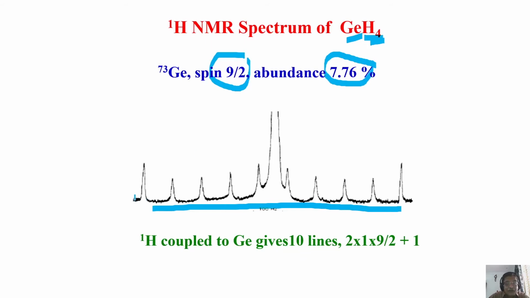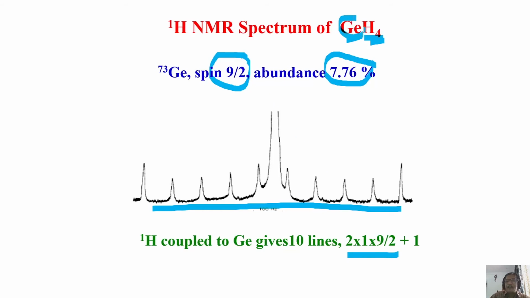But why so many peaks? Now we know germanium spin is 9/2. This is the quadrupolar spin. I wanted to show you how quadrupolar spin splits and gives the spectrum a complex look like this. This is 9/2 spin, and just put it in the 2nI plus 1 equation. Now there is only one germanium.